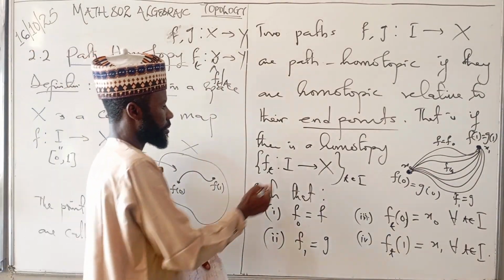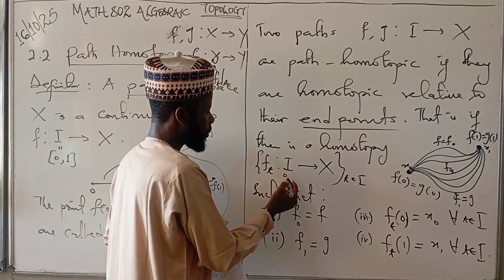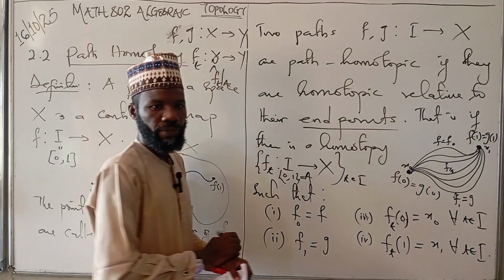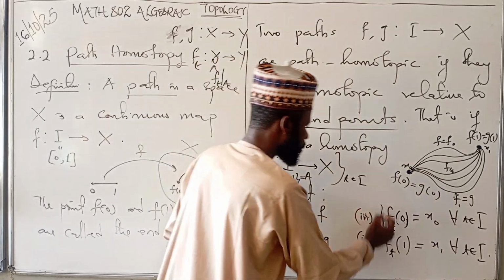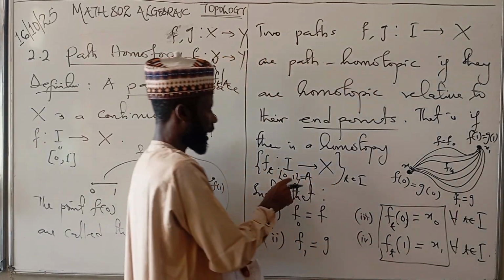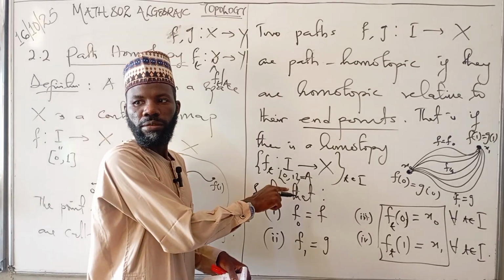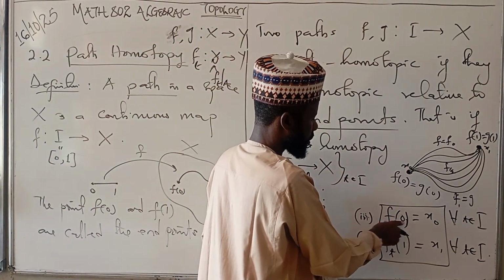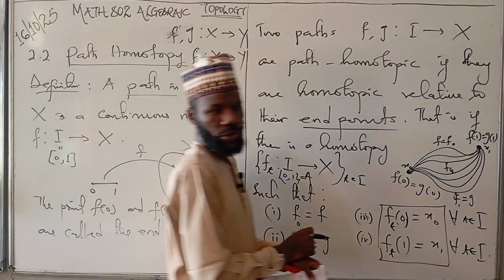Are you following? So you see the point 0 and the point 1 here will constitute our set A. So that throughout the homotopy, the image of 0 and the image of 1 are independent of the time t. Always they are being mapped to x0 and x1. I hope it's okay.